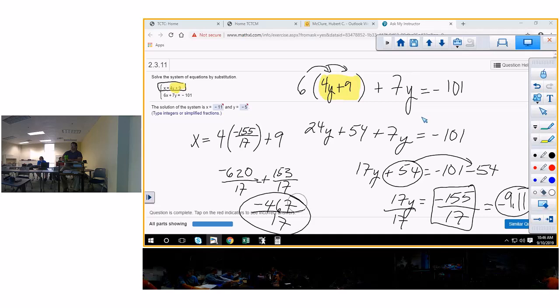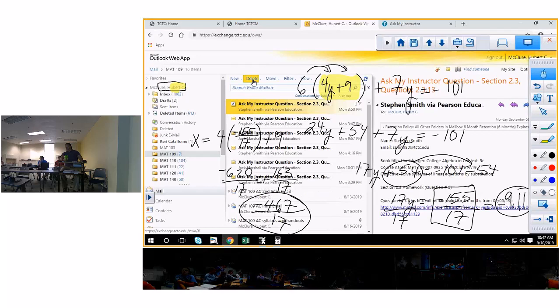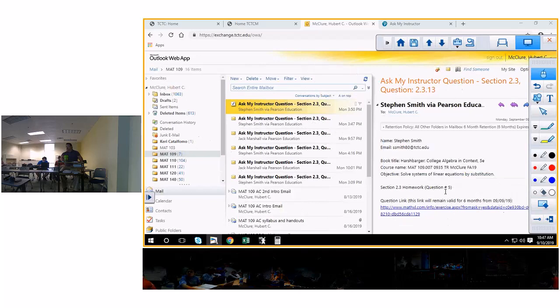There you go. Okay, I'll tell you what. Let me see what the next one looks like before I go ahead. I'm going to go ahead and delete this one. Okay, and we will probably finish these homework questions up. What does the outline look like?